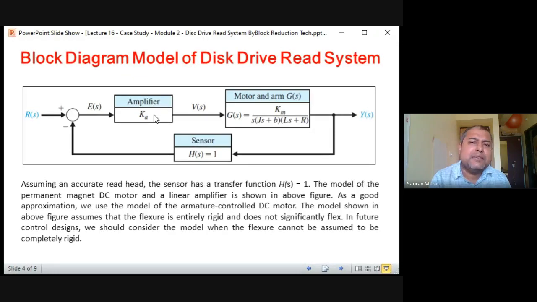Same thing with a car: driving at 60 kilometers per hour, it is perfectly stable. At 100 kilometers per hour, it is on the verge of instability, so it starts shaking. If we drive at 120 kilometers per hour, obviously there will be an accident, and that is instability. So that 100 kilometers per hour is actually the marginal stability.